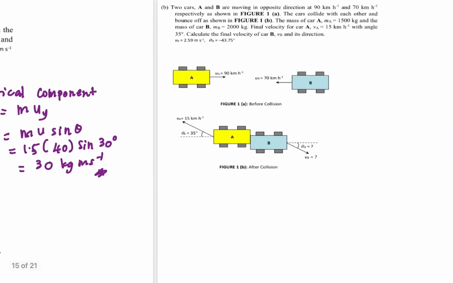Okay, and then for number 1b, what you have here is two cars A and B are moving in opposite direction at 90 km per hour and 70 km per hour. The cars collide with each other and bounce off as shown in the figure.